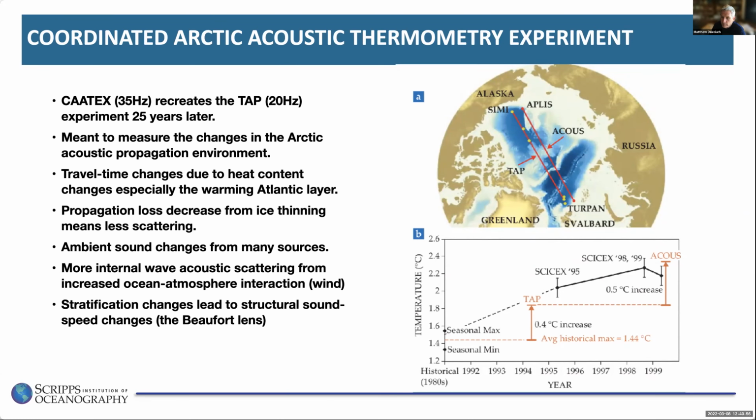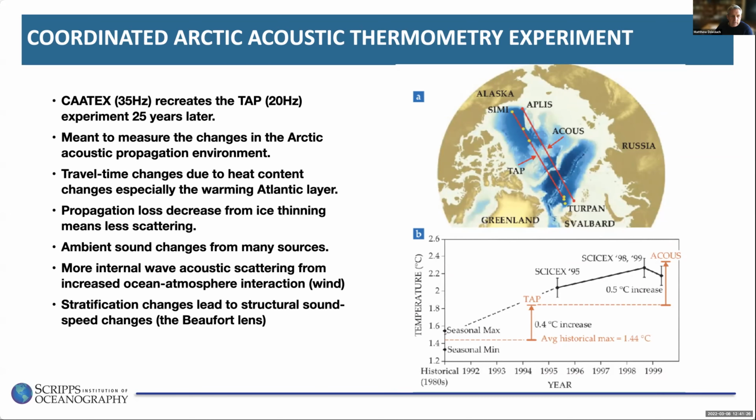Everyone knows that it's a simple thing: the travel time of the sound is related to temperature, because the sound speed is a function of temperature. I have listed here a bunch of other things that may also be changing. The structure of the Arctic may be changing a little bit, specifically the upper layers, which will affect the sound.